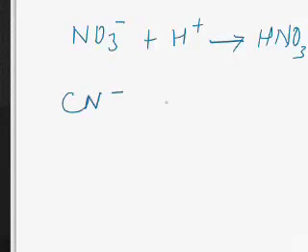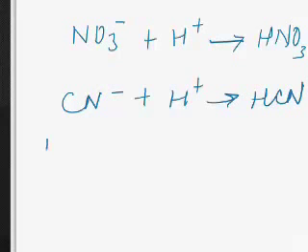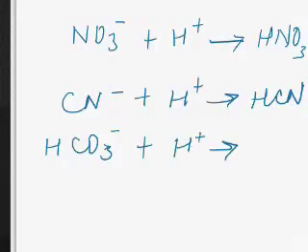CN negative, it is accepting proton and it is giving HCN. HCO3 minus, it will react with H positive, it is giving H2CO3. So these are the examples of Bronsted Lowry bases or proton acceptors.